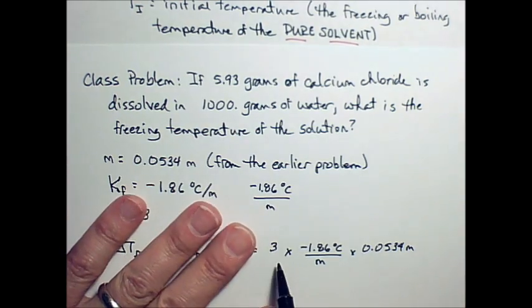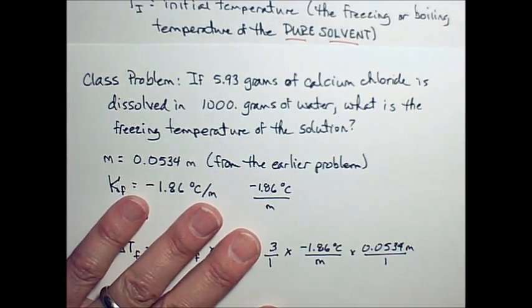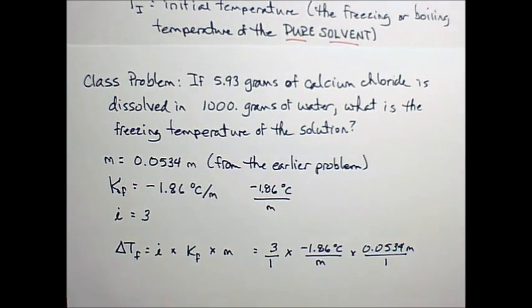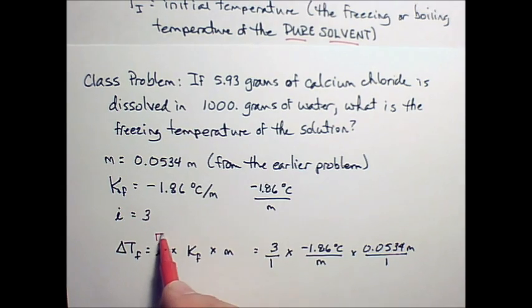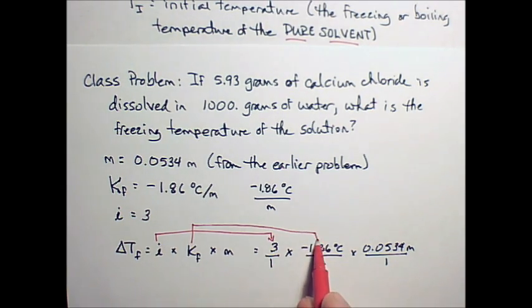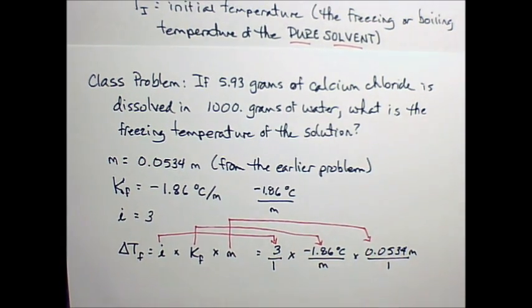To make all this work out so we can see what we're going to cancel easier, let's put the first one and the last one over 1. So we plugged in I, there's 3. We plugged in K sub F, there it is right there. We plugged in the molar concentration right there.